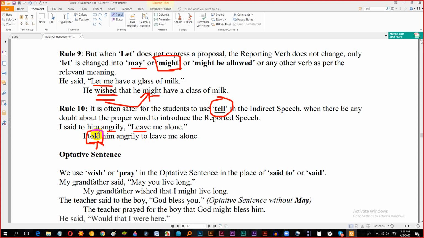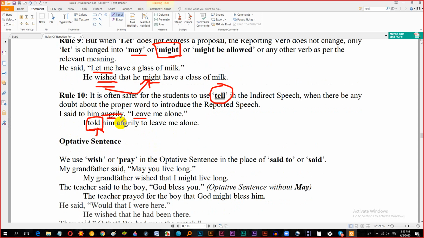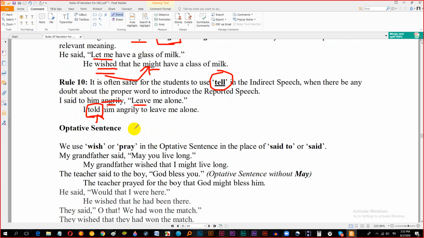Or I said to him, leave me alone, where there is no word like angrily. Then you could be confused about what the sentence expresses. So you could use the word told here, or we should use told in most cases when we are confused about the expression in an imperative sentence while converting the sentence into indirect speech.